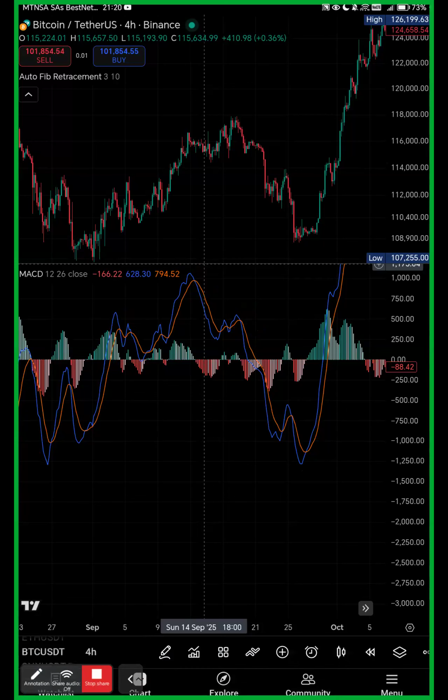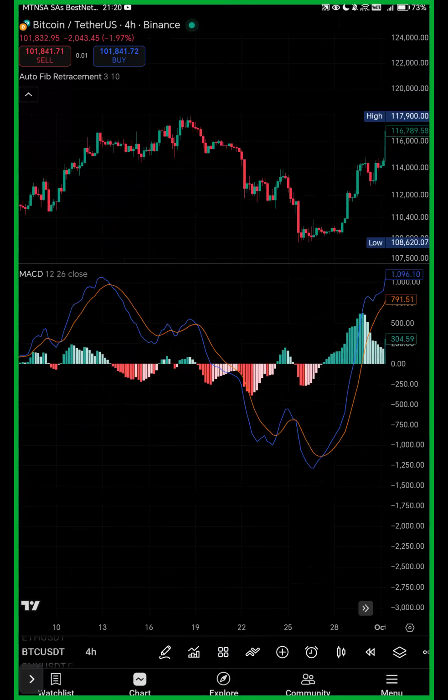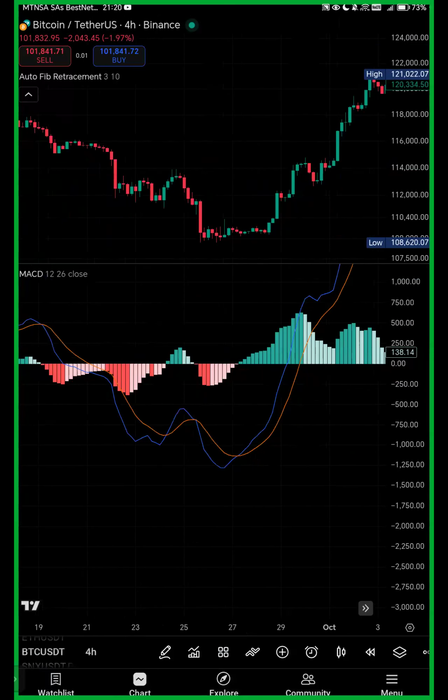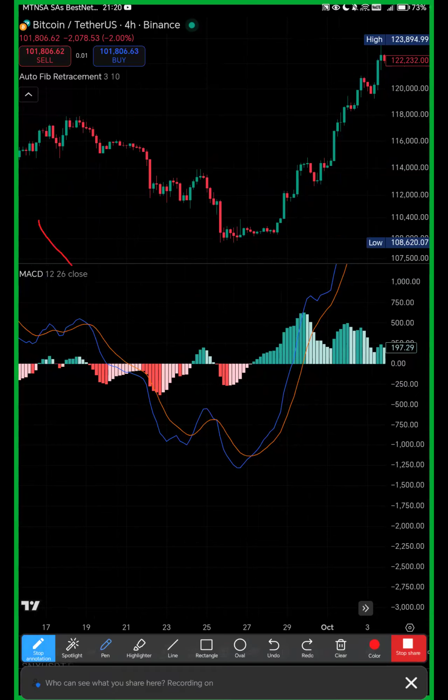Now, let me finish with the histograms. When you enlarge your screen like this, if the market was on a downward trend, you are able to see the presence of red histograms.